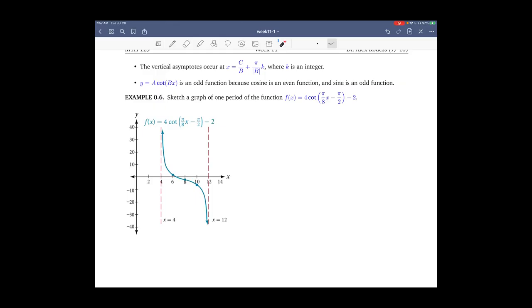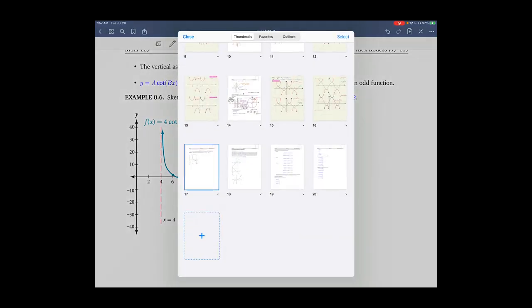Sketch a graph of one period of the function 4 times cotangent of pi over 8 x minus pi over 2, minus 2. We will sketch more than one period. So let me add a page.